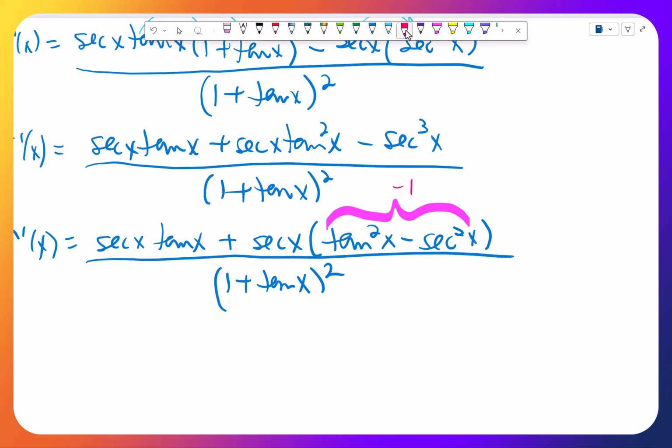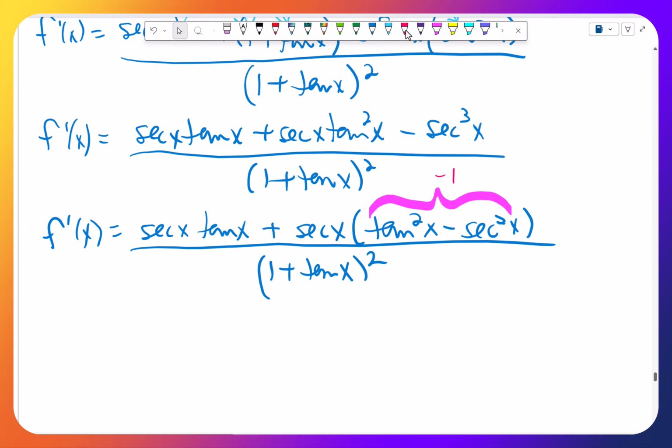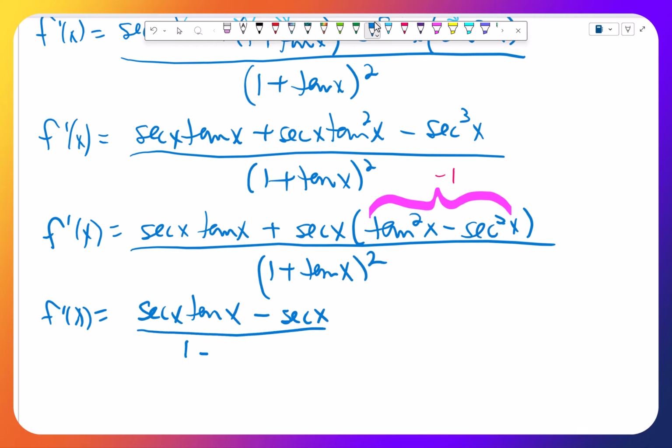Way nicer and a lot smaller. We're looking for smaller. So f prime of x would be secant x tangent x, actually minus secant x, all over 1 plus tangent x squared.